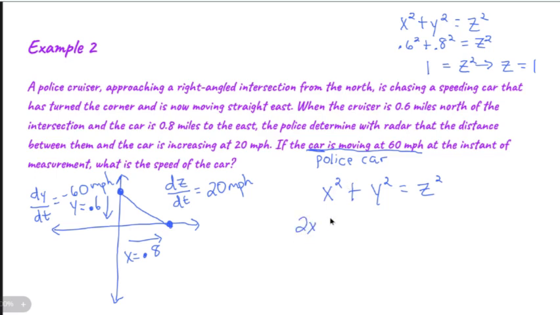But again, we're doing related rates, taking with respect to time, so we're going to multiply by dx/dt. Same idea with y. The derivative is 2y, but with respect to time, so it's dy/dt. And then z, same idea, 2z dz/dt.